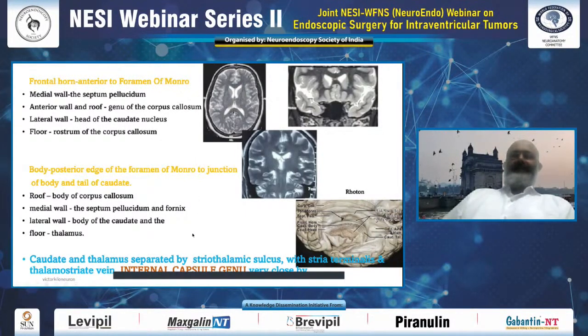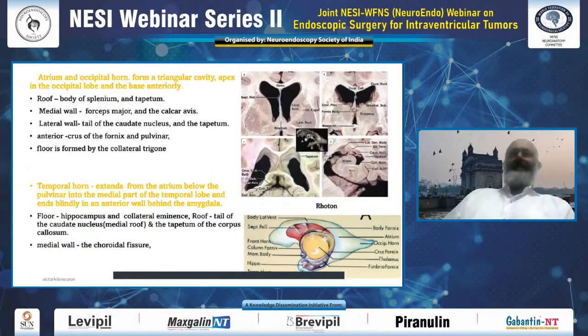Within the ventricle, the caudate and the thalamus are separated by a striothalamic sulcus with the stria terminalis and the thalamostriate vein. The internal capsule genu is very close by, and is something we must take care of when entering or navigating the lateral ventricle.